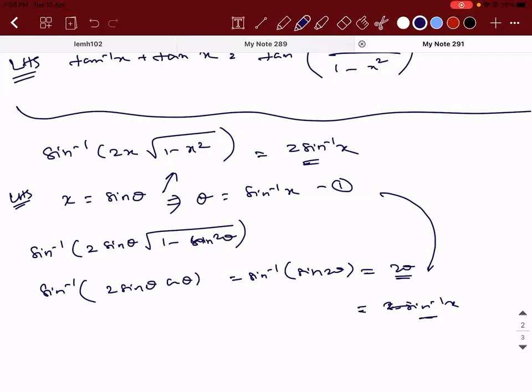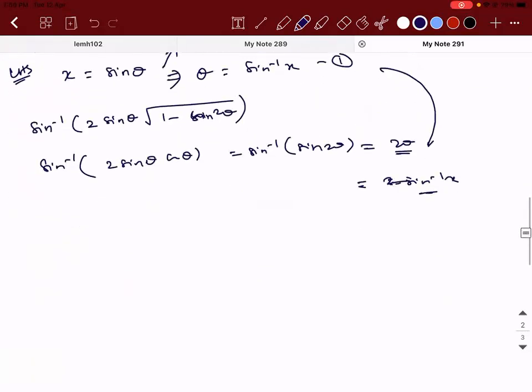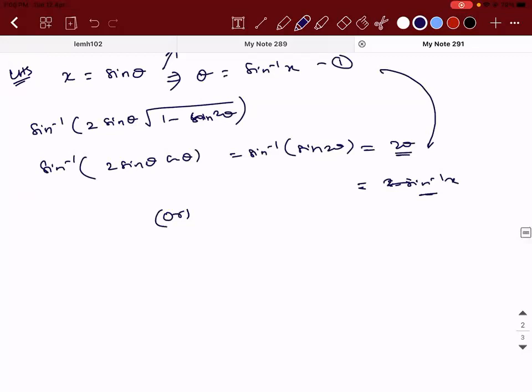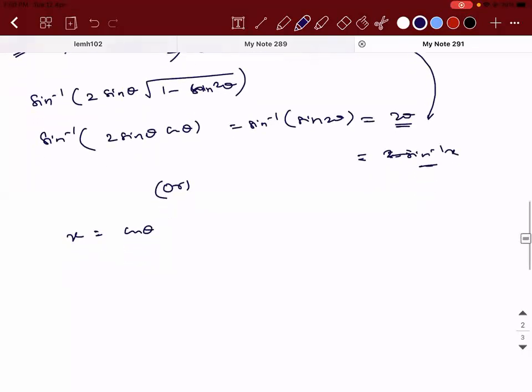But what did I say? If you want to substitute cos theta, it is always challenging, so let's do that and see. x is equal to cos theta, which implies theta is equal to cos inverse of x. I'm again considering only LHS. So sine inverse of 2 cos theta into sine theta. Correct? So what am I getting here?